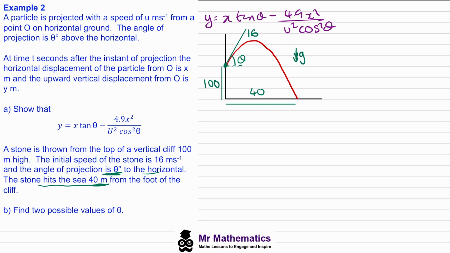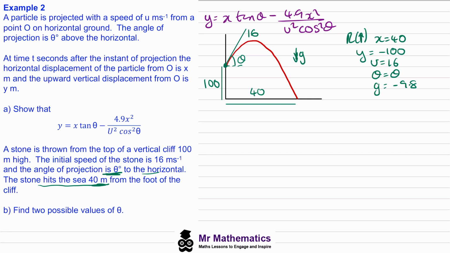Okay, so if we were to resolve this upwards, we know x equals 40. We know y will be negative 100. The initial velocity we're told is 16. Theta is theta. And gravity is negative 9.8. So now all we need to do is substitute these values into our equation.